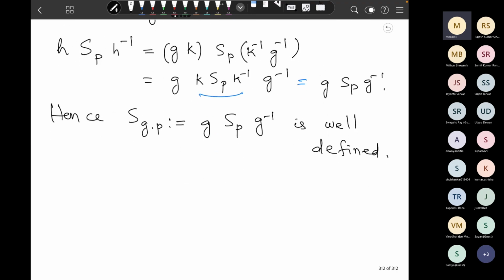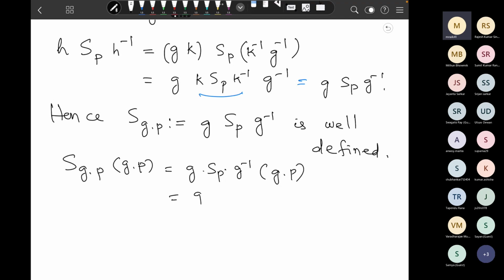Now what I want to do: as I have shown, S_{G·P} at G·P is really G S_P G inverse at G·P.